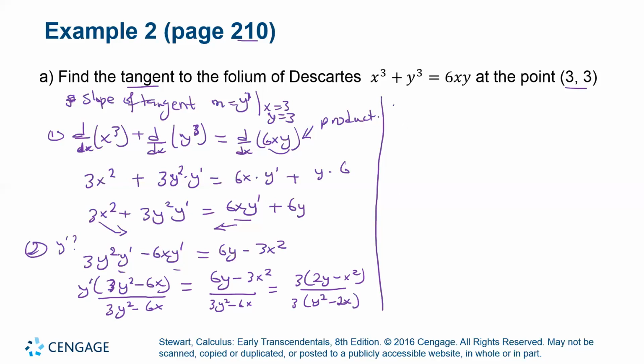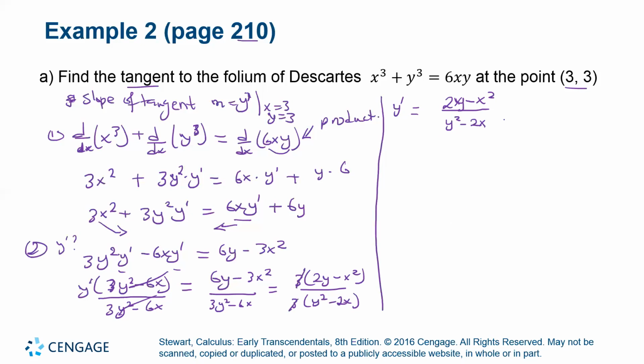So my y prime, this cancels that. So y prime is basically 2y minus x squared divided by y squared minus 2x. The 3's will cancel out.